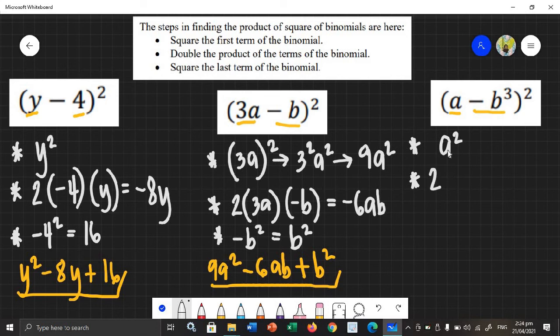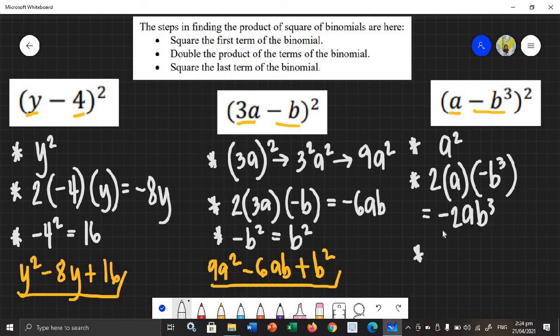So we will be multiplying 2 by a and by negative b to the third power. And this will result to 2 times 1, that is 2 times negative 1, that will result to negative 2. And then, copy natin yung variables. Negative 2, b to the third power.